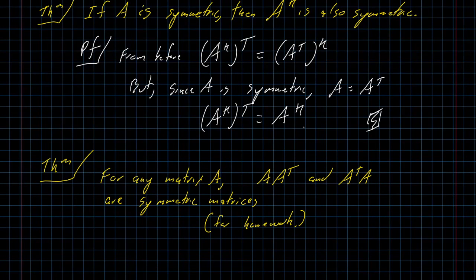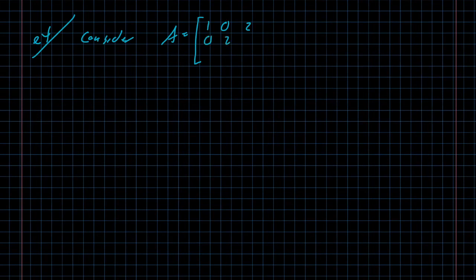Now, what I want to do is look back at this result. For any square matrix A, A to the k transpose is the same thing as A transpose to the k. So let's take a look at a specific matrix A: 1, 0, 2, 0, 2, 0, 1, 0, 3.